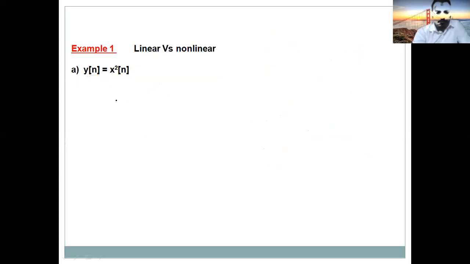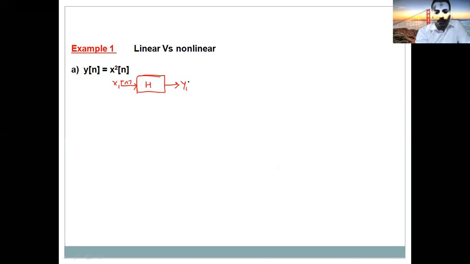Okay, so let's check superposition. Remember, to check whether a system is linear or not, we have to check superposition and homogeneity. So in this case, if you apply the first input x1 of n as input, what will be the output?